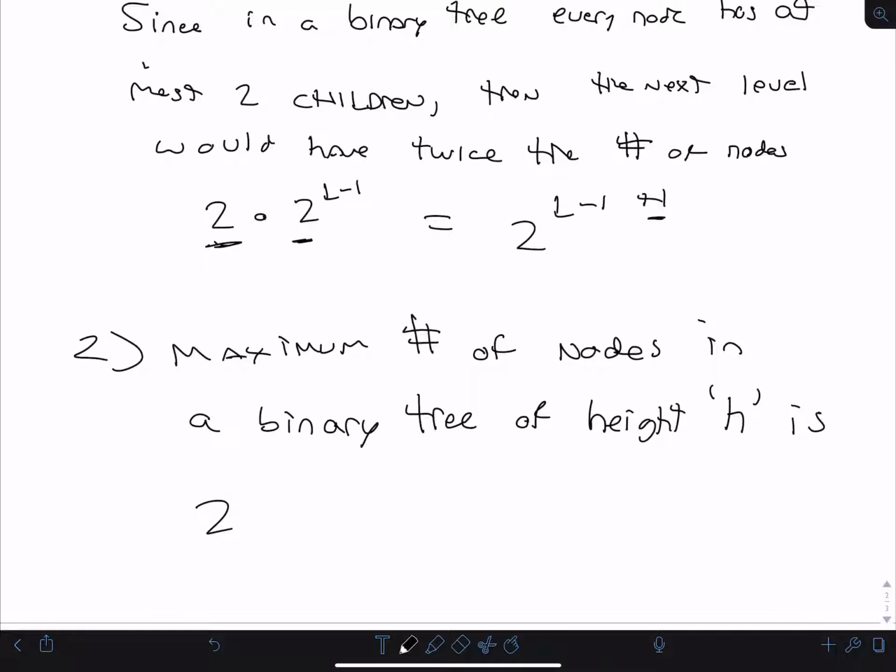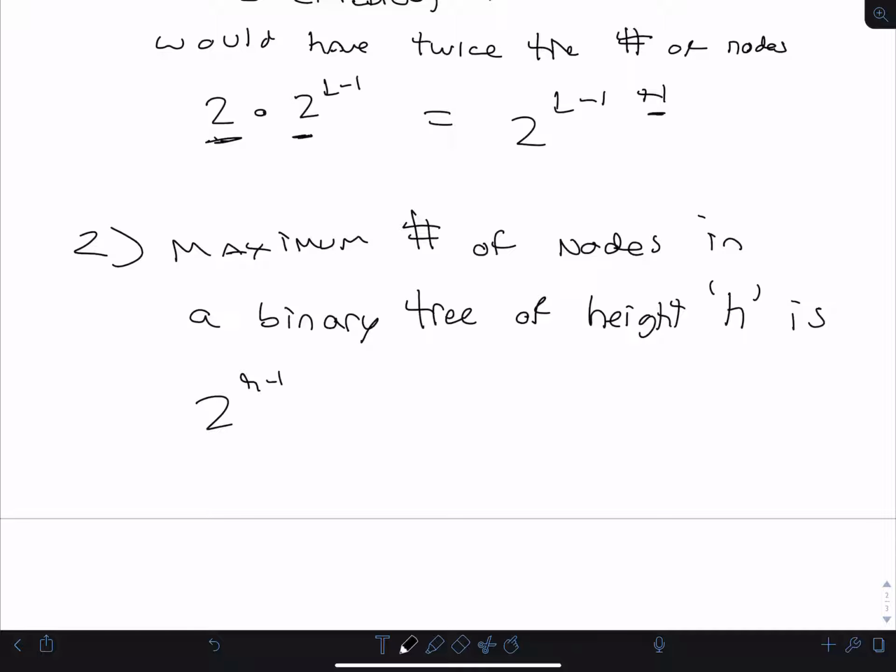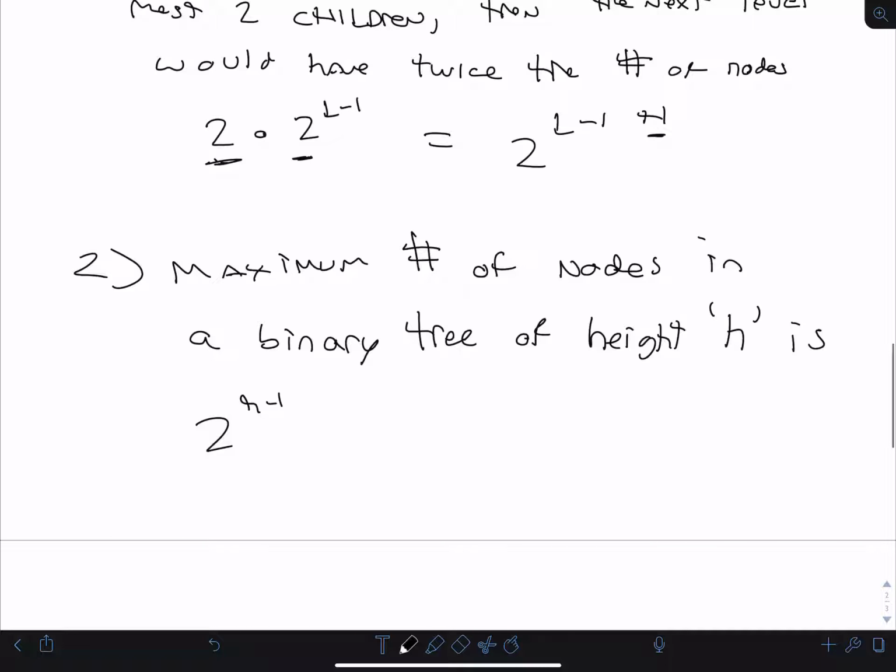Okay, so the next one is going to look very similar now. Except this time, we're talking about height and not level. And now we're saying what I was thinking before, in the sense that we are adding the number of nodes. Okay?